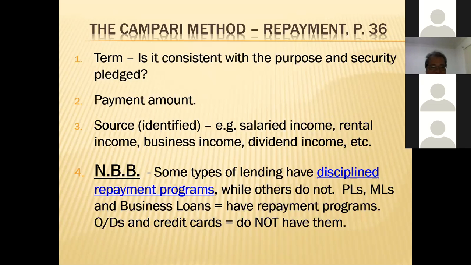Yes, very perceptive. And you see it's in big letters, bigger than the rest of the type. So NBB, note well, comes from the Latin. I'm putting okay.